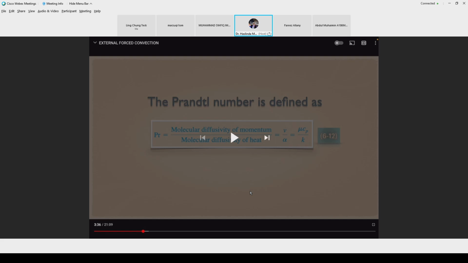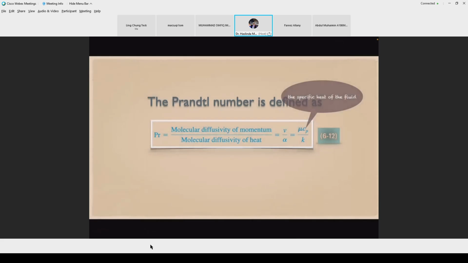Can you remember that? The equation? So this I introduce what is Prandtl number in the Nusselt number equation. Okay, this is Prandtl number. No need to determine. You can get the Prandtl number from a table.